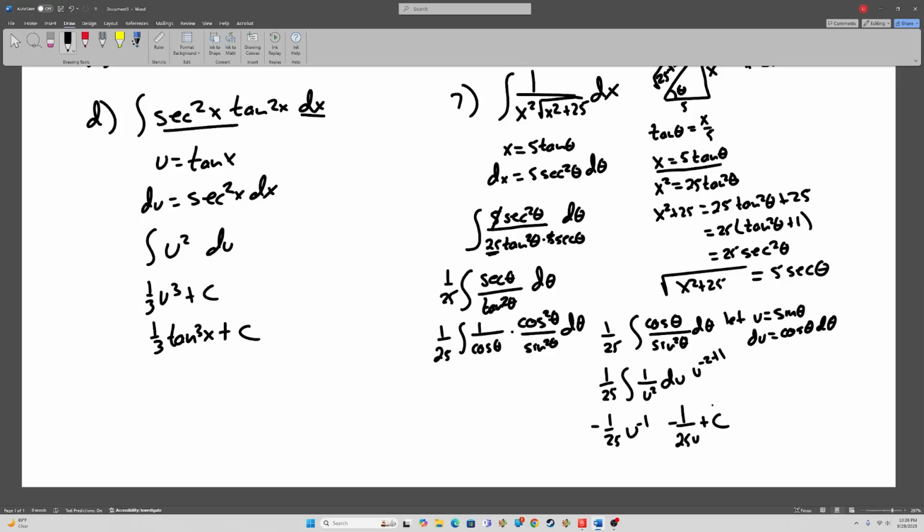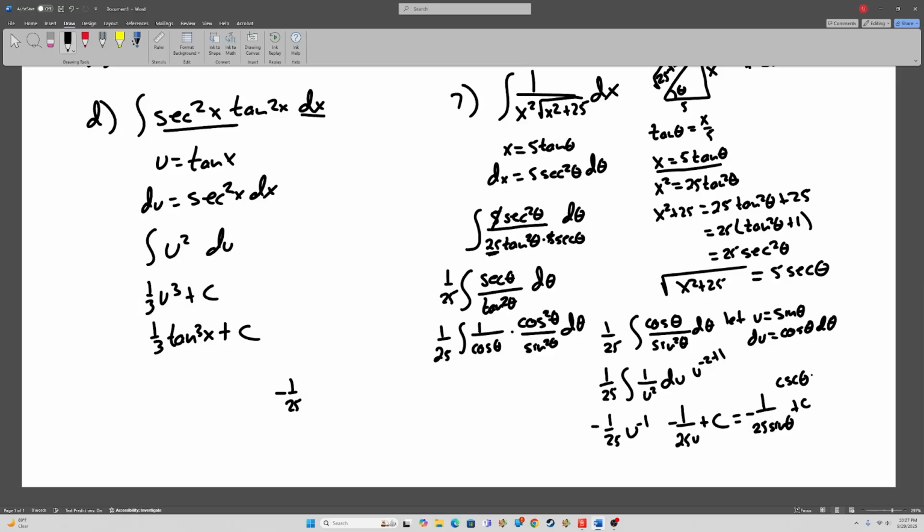Now we've got to go figure out u was the sine of theta. So that goes to negative 1 over 25 sine of theta plus c, which I'm going to write the answer over here. Negative 1 over 25, and then really 1 over sine is cosecant, so this ends up being cosecant of theta.